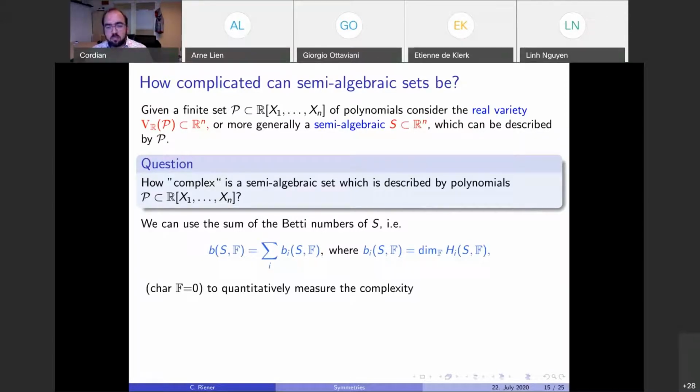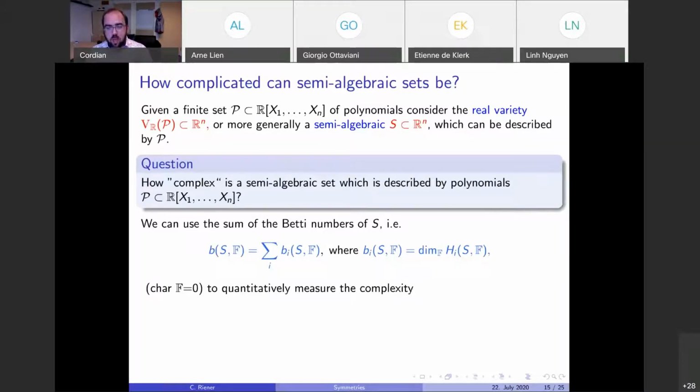If your set is connected, has just one connected component, the number of critical points that your function will have is rather small. If you take a generic linear function, it might have only one global maximum or one global minimum.